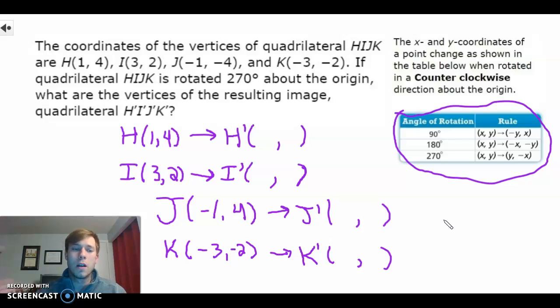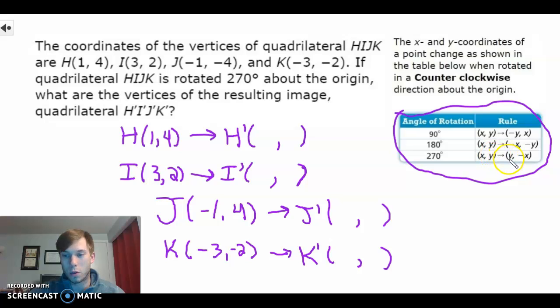Okay, guys, for this one, without having your coordinate plane, you really want to use the rules that are here. For H, our x-coordinate was 1 and our y-coordinate was 4. Since we're rotating 270 degrees counterclockwise about the origin, our original x and y are going to help us make our prime.